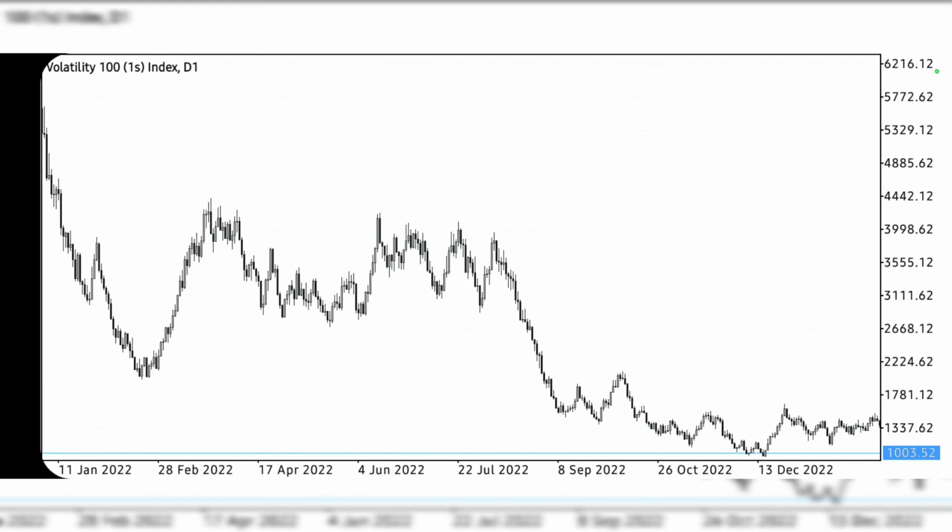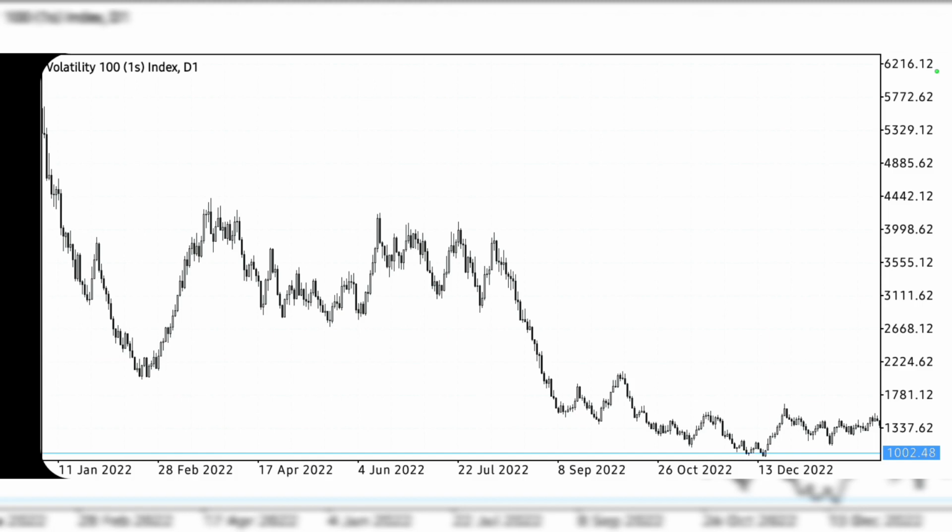Now, the difference between area of interest and point of interest is that in point of interest, you are expecting the market to get to a particular point. You are marking out a particular point, and the market has to react to this particular point.